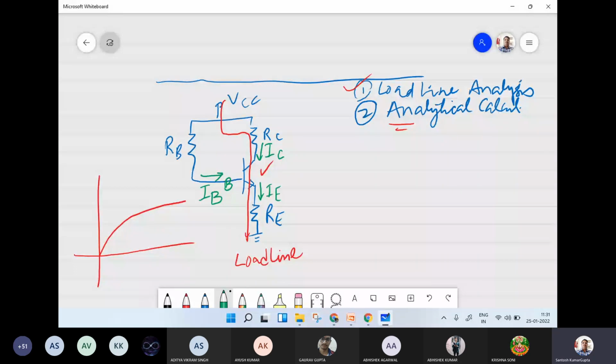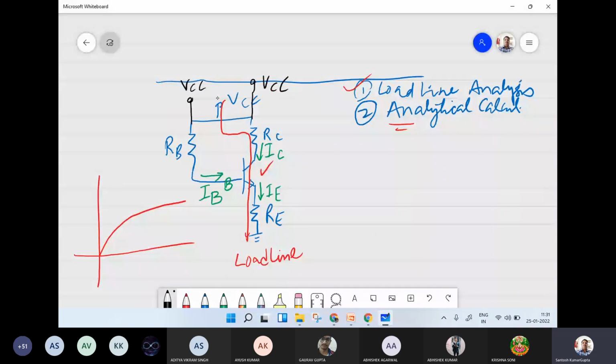Again, we can assume that VCC is applied at RB and VCC is also applied at this RC separately.